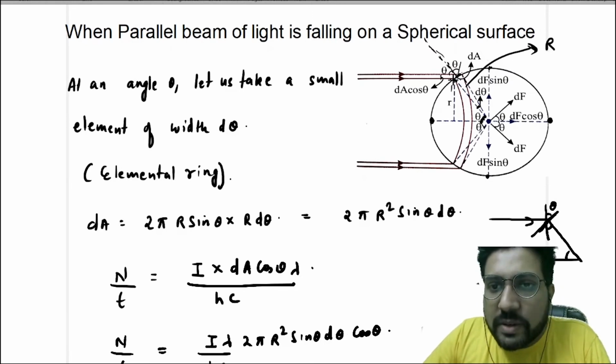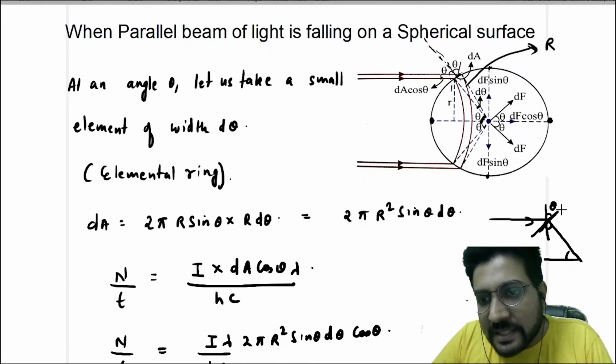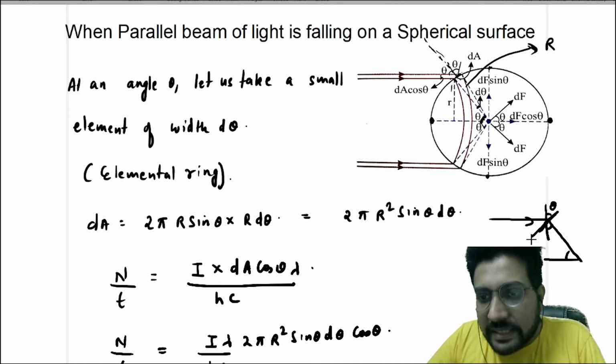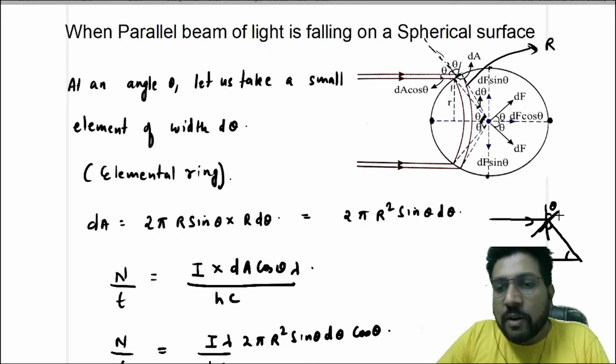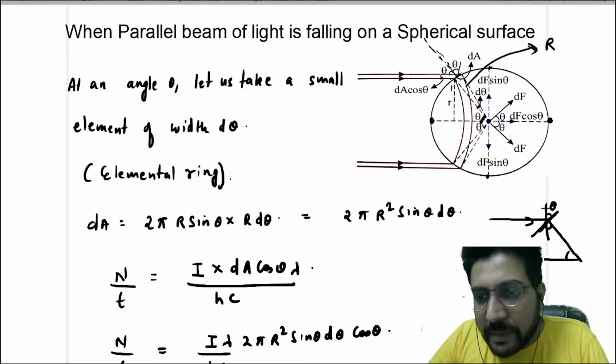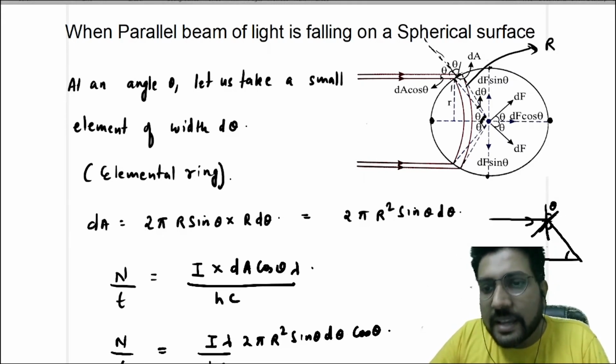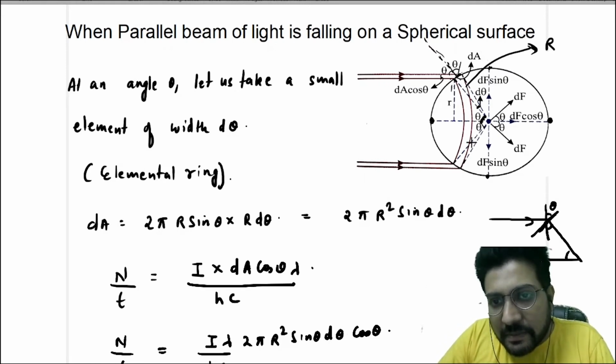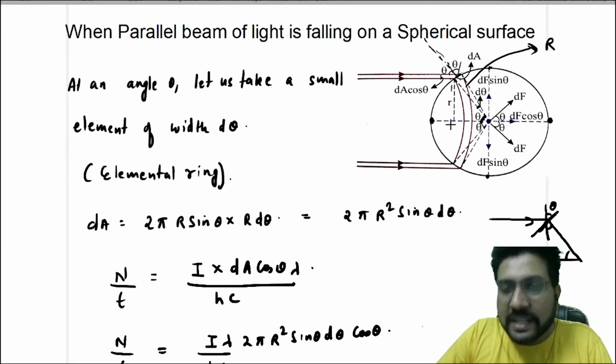Okay, so if I take only this element, you will see that this element is making an angle theta with this, right? So if this is the parallel beam of light, this is the area, we need the component of area which is perpendicular to the beam, that means this one, that is dA cos theta. So for every element on this ring you will have to take dA cos theta.